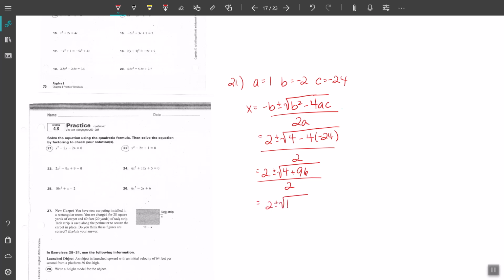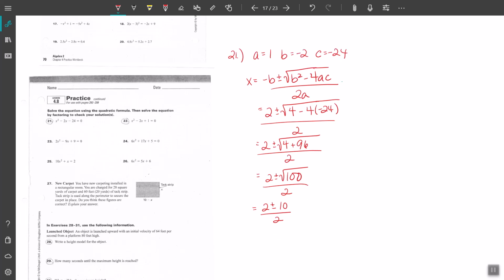So now I have a nice perfect square under that radical, so that's nice to have. And so the last step here then would be taking that square root, which is 10, and putting it over 2. And you can see here we're actually going to get whole numbers. We're not going to have any radicals left. So this is a good example of where I can show you how to find both of those roots.